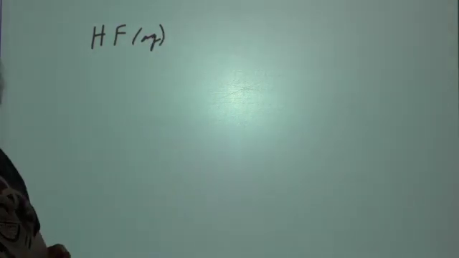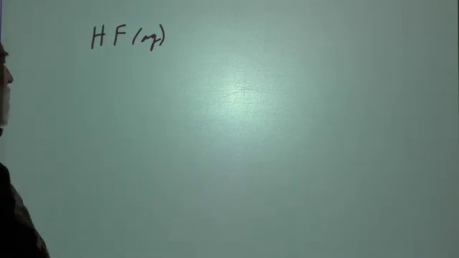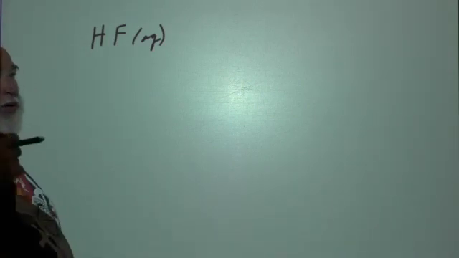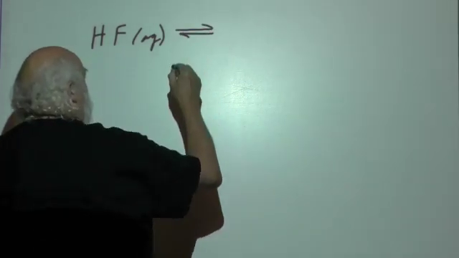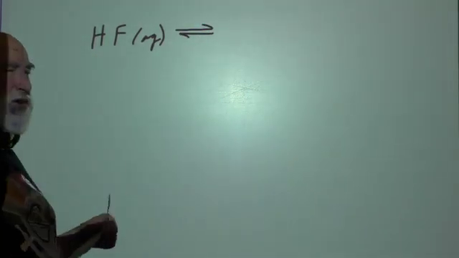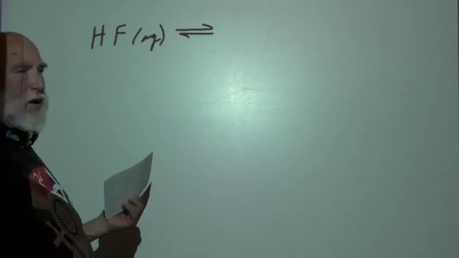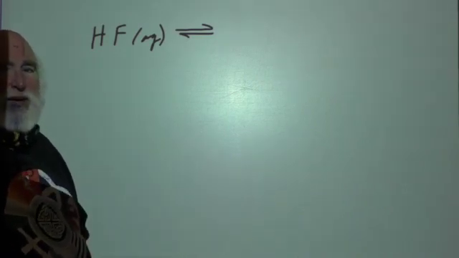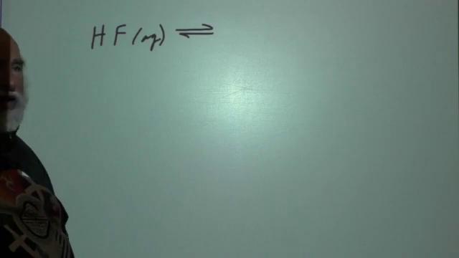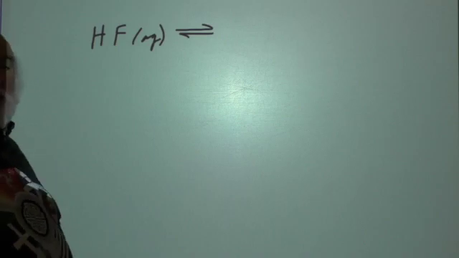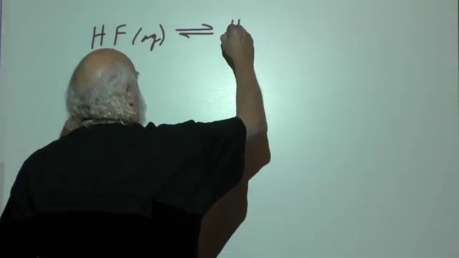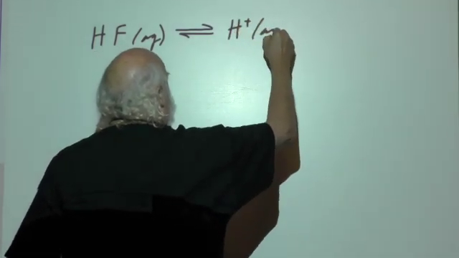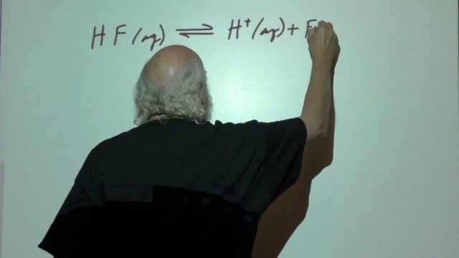This is not one of the 7 strong acids I gave you. And so what we use instead of a single arrow, of course, is going to be a double arrow, to show that not all of this breaks down. In fact, a very small percentage, in the neighborhood of probably between 1 and 5%. I'd have to do the calculations of it. Let's talk about that too later on. But the products are the same: H positive aqueous plus F negative aqueous.